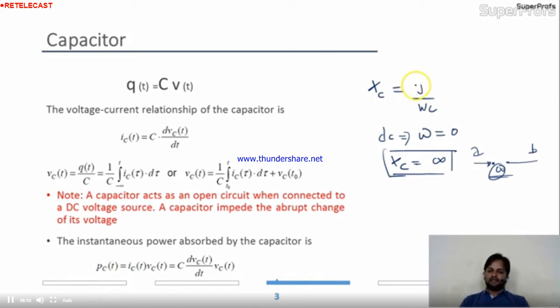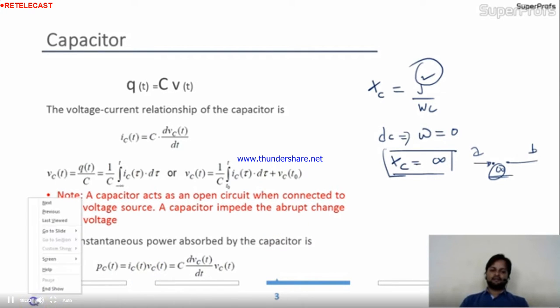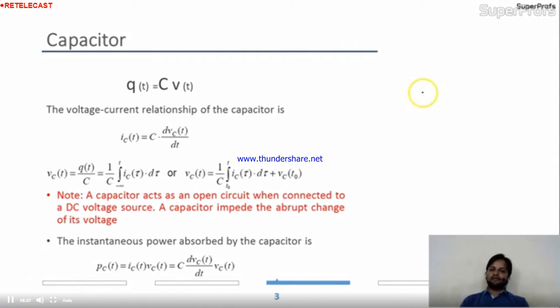We'll discuss this formula later in the chapter. The instantaneous power absorbed by the capacitor is given by this. What is the power? In the first unit we have seen the power. Power is nothing but i into V. Power is also a time dependent quantity.